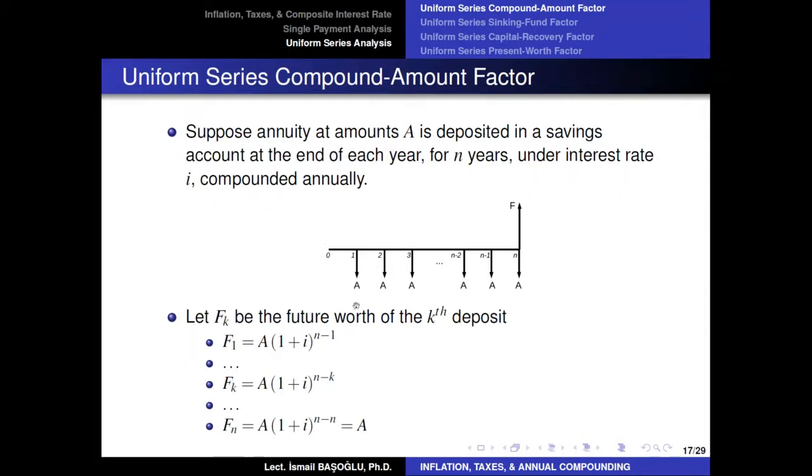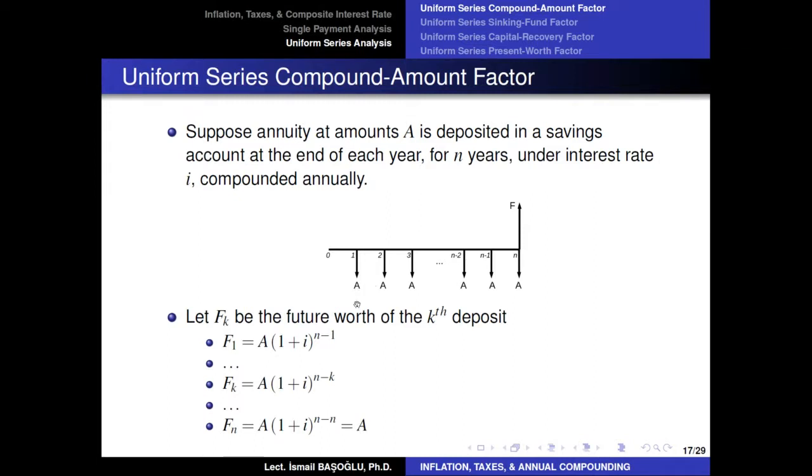How are we going to determine the future value of the uniform series? This time we are not converting a present value, an initial principal. This time we are making investments at equal time intervals, which are basically years at this moment, and we are asking the future value of these annual payments.